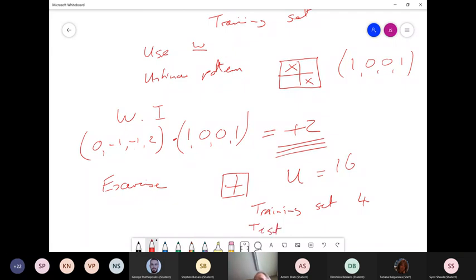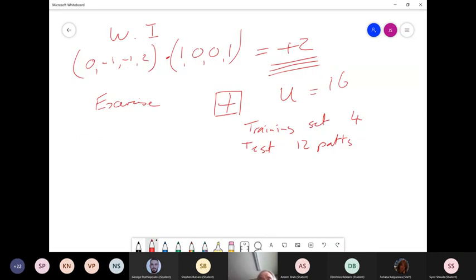There's therefore going to be another 12 patterns, of which that is 1. So you classify the 11 remaining patterns.